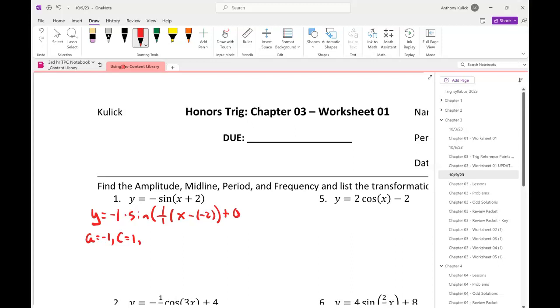The H needs to be a minus, so if I minus a -2, that'll give me the +2, so H is -2, and there's nothing added at the end, so the K is 0.